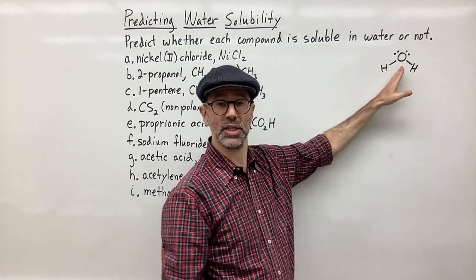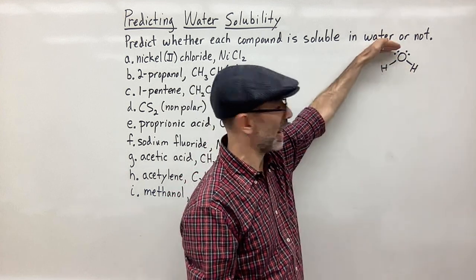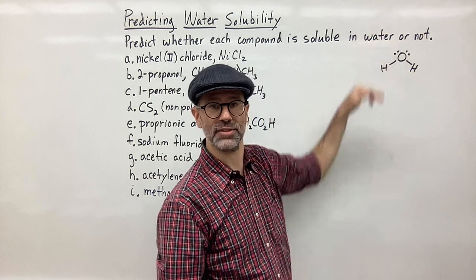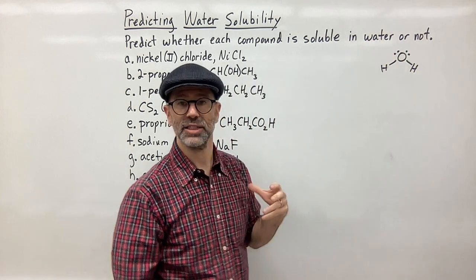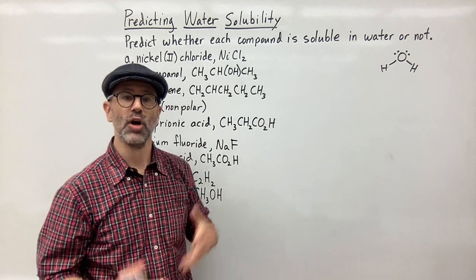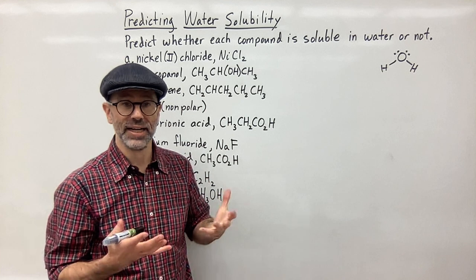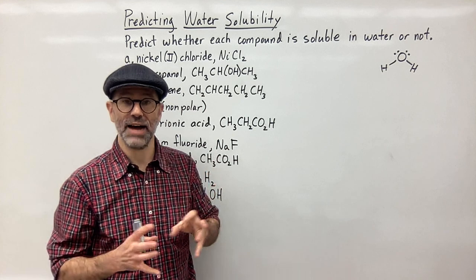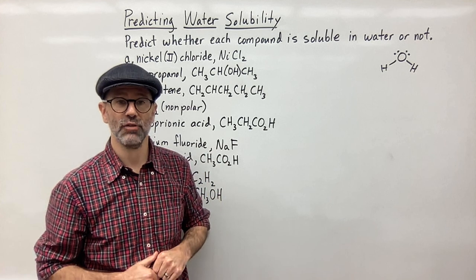The oxygen is much more electronegative. It's going to attract the electrons towards this side, so it's going to be a partial negative side and then a partial positive side. So water is polar, and therefore you would expect it to dissolve polar substances and ionic substances, because ionic substances have ions that have charges, and so you would expect them to be dissolved as well.